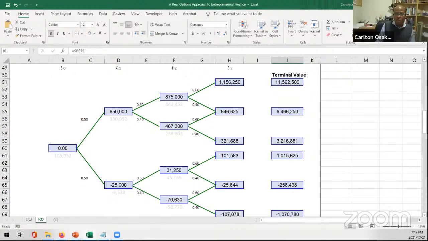The option to abandon says, if the market is a dud, right here, because your demand was really low, and the amount that you're making is not enough to cover your fixed costs, so you're losing money here, should you stop the firm there?